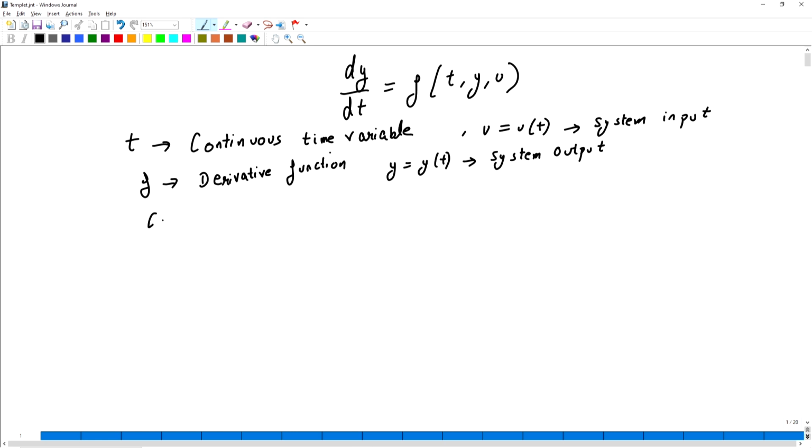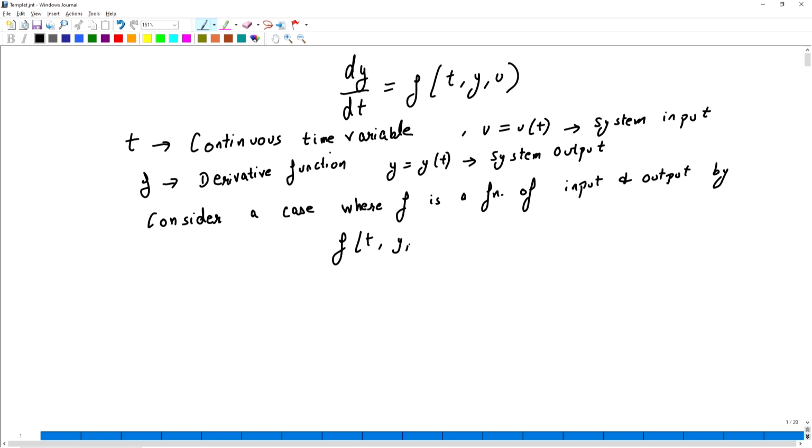Now consider a case where f is a function of input and output, given by f of t comma y comma u equals to b naught into u of t minus a naught into y of t.